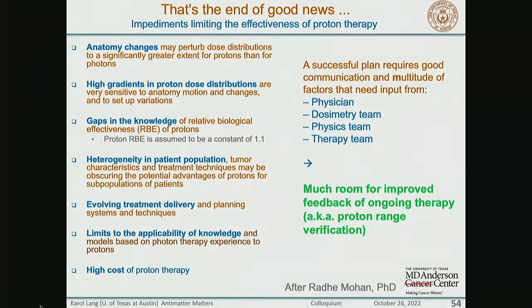There are gaps in the knowledge, in really biophysical knowledge of what happens. This knowledge is typically brought from gamma irradiations, but it doesn't fully apply to proton therapy. The patient population varies. Not everybody's tissues are the same. Your spleen is different than somebody else's spleen, and so forth.